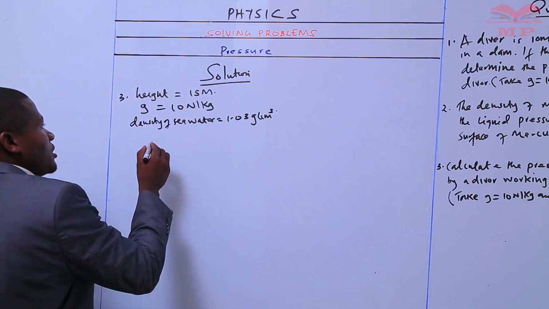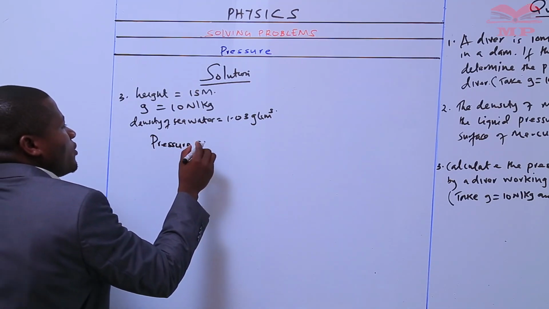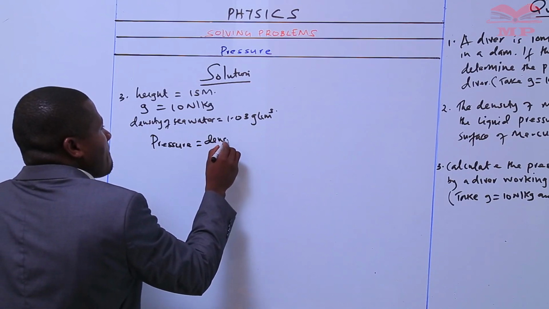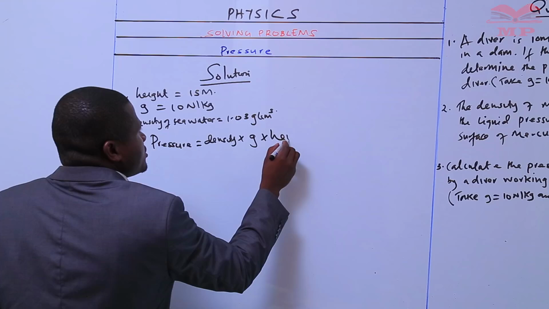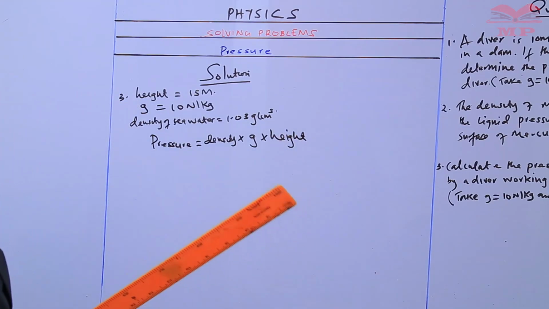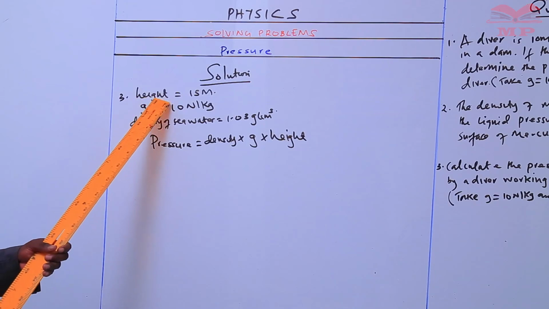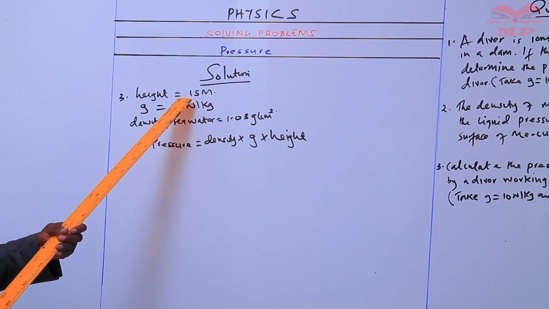As I've said, pressure is given by density times G times height. Now, from what we have been given, we have density, we have G, we have height.